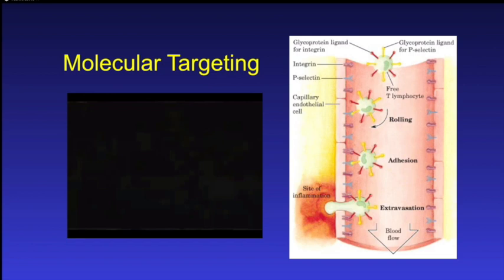The rolling allows these weak interactions to keep it attached to the blood vessel, but move down the blood vessel itself because there's not a tight interaction. We're going to get to a signal in which that interaction will become tight, and we're going to have a difference in the function.